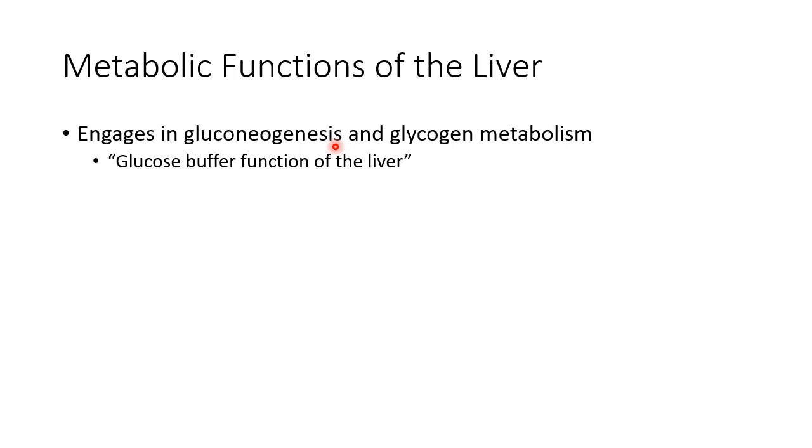And the liver also functions in glycogen metabolism, whether that is glycogen catabolism, glycogenolysis, or glycogen synthesis, which is glycogenesis. Because of this function, the liver is touted to be the glucose buffer of the body.